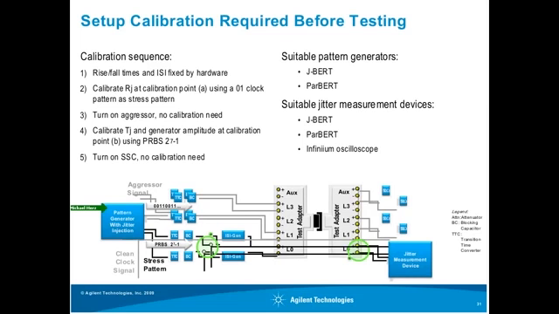We certainly need to terminate the aggressor signals, and then we use a jitter measurement device for measuring jitter and the eye opening. There are actually two test points for measuring. One I would like to call measurement point A, and one I would call measurement point B. They're used for different calibration purposes.